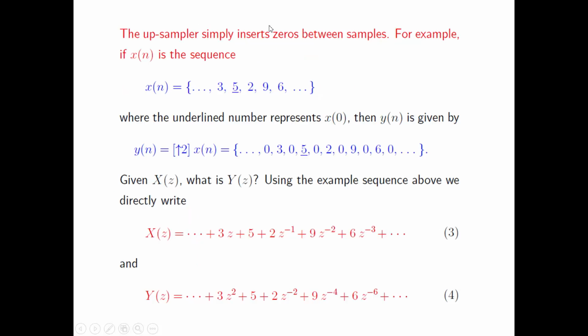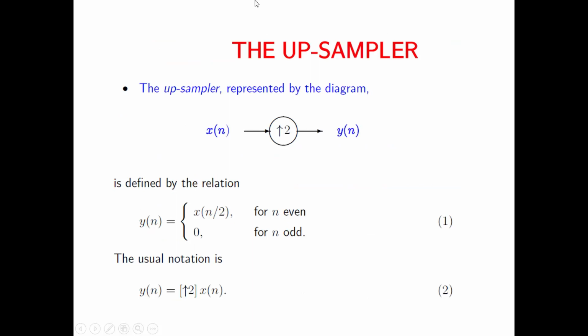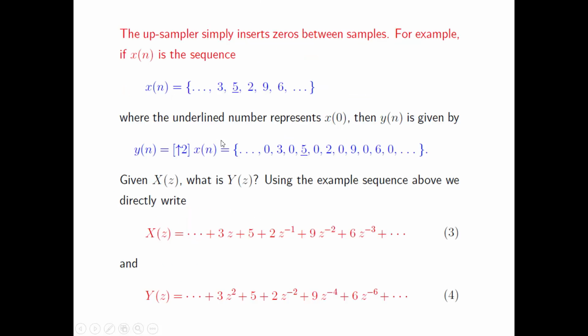Now how will the upsampling be achieved, because the sample rate of y[n] will be double the sample rate of x[n]? Let us say x[n] is the input signal, and the origin of this discrete sequence is at 5. The origin value is 5. The upsampler simply inserts zeros between samples.